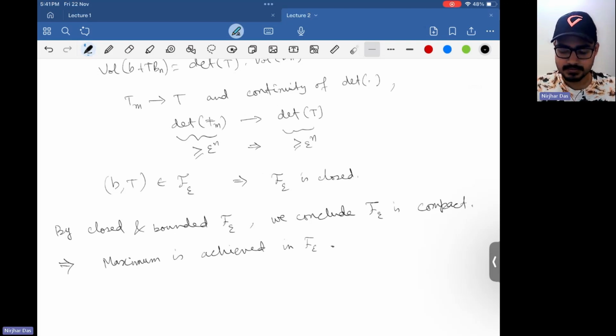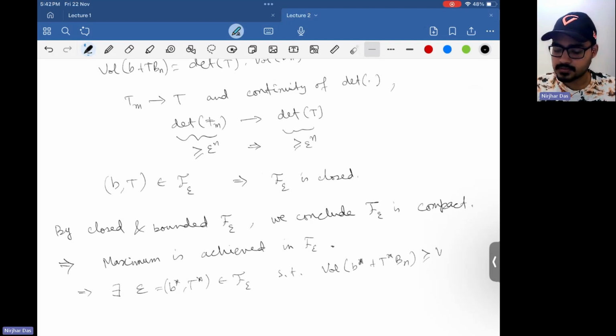Specifically, this means that there exists an ellipsoid equal to (b star, T star) belonging to F epsilon, such that the volume of b star plus T star Bn is greater than or equal to the volume of b plus T of Bn for all (b, T) belonging to F of epsilon.